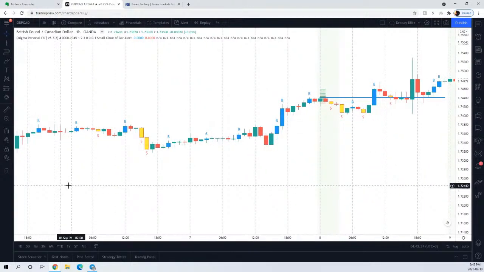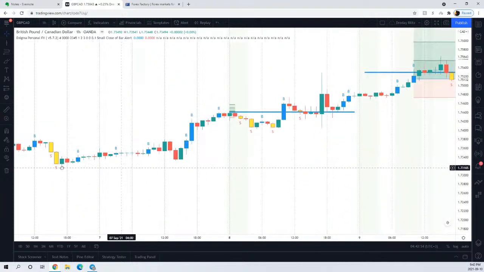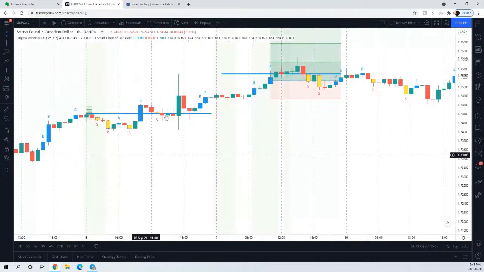Same thing here. Consolidated on Monday because it was a holiday. The CAD was not active at all for that day. Started at the 7. That's mostly London session because the British pound moves a lot in that session. So give you an uptrend, consolidate here, continue going up.